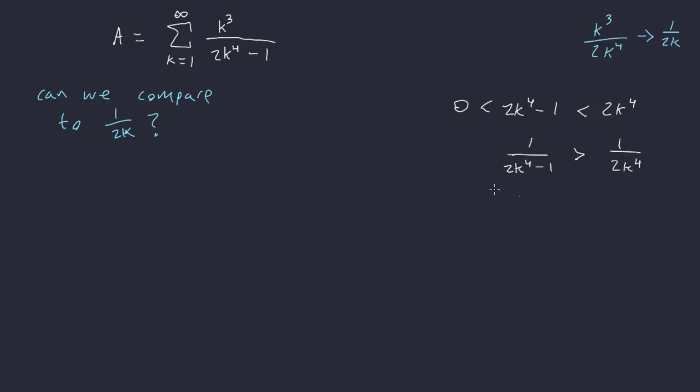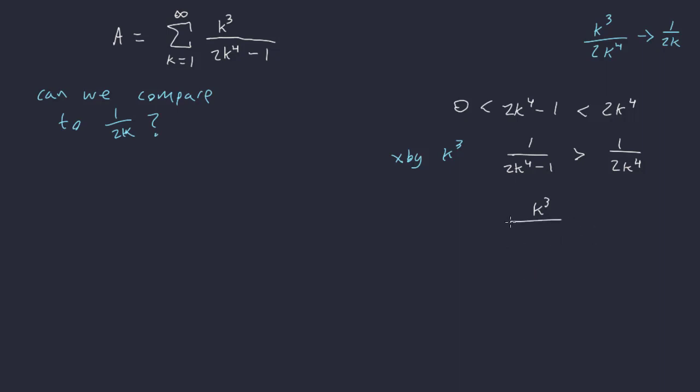And then we almost have the terms that we want. We just need to multiply by this k cubed. And remember, this is always positive. When we multiply an inequality by something positive, we don't have to flip the sign.